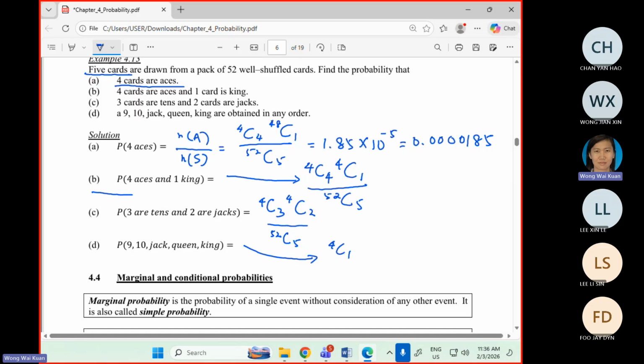Then your chances of getting any one of these is 1, 2, 3, 4, right? That's why 4C1 is always 4. NC1 is always N, right? NC0, what is NC0? 1. Because you have N and you choose nothing, there's only one way. Empty, nothing.